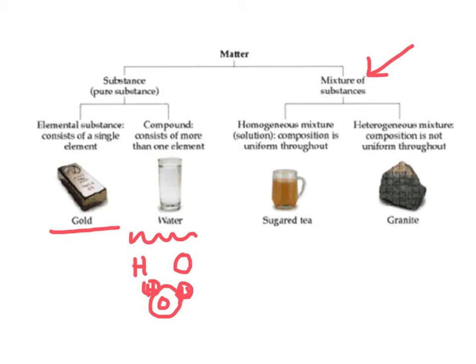So the only way to get a homogeneous mixture is if, of the substances you're mixing together, one of them dissolves the other one. In the lab that you just completed where you had to identify your metals, some of you had alloys. Alloys are metals that are in mixture form, and they are homogeneous mixtures, and the way that you get a metal mixture is by melting down the two metals you want to mix together and then letting them sit, and they will mix themselves so that when they cool off, you have each atom of one metal evenly distributed in the atoms of the other metal, and that's how you get an alloy, which is a homogeneous mixture.